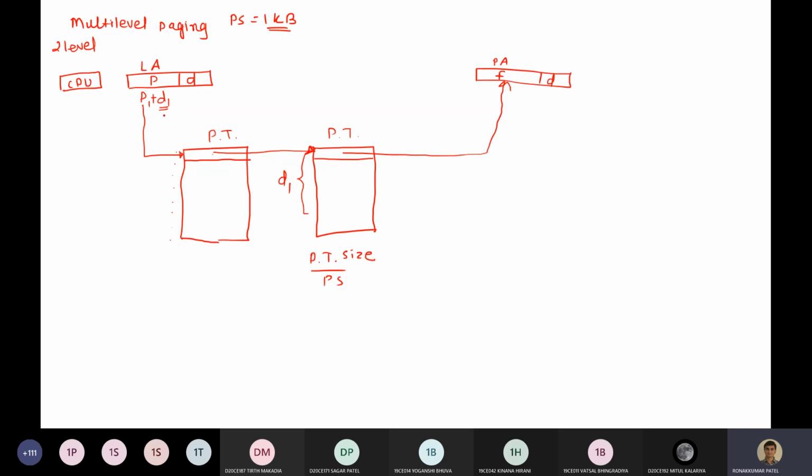So in this case, D1 is 10. And if I take 32 bits, this is 32 bits, and my displacement, let's take displacement around 12.